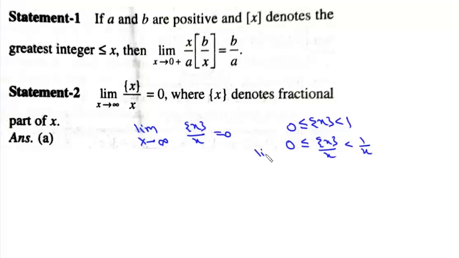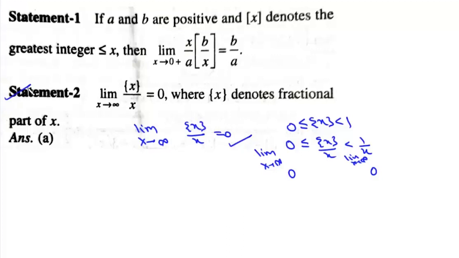Now if we take this limit x tends to infinity, then limit of the function on the left hand side is 0, and limit of the function on the right hand side, which is 1 by infinity, is also 0. Then from the sandwich theorem or squeeze play theorem, we can say that this limit x tends to infinity, fractional part of x upon x is equal to 0. That means this statement 2 is correct.